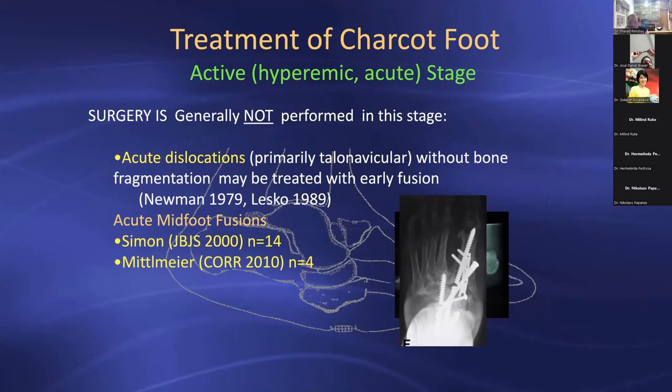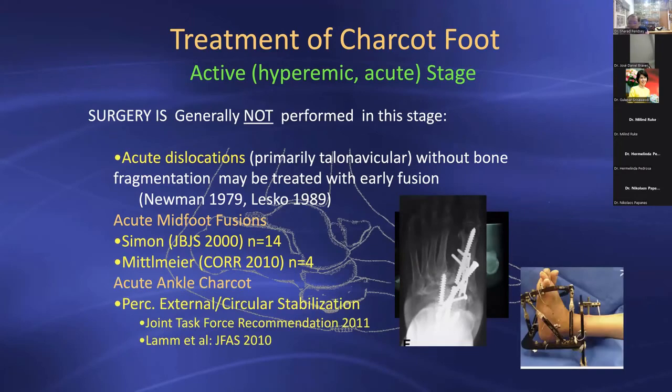So we have to keep in mind that there's not a lot of good evidence surrounding the role of acute operative stabilization. But perhaps more commonly, especially in the US, is percutaneous external or circular stabilization to help manage the deformity and stabilize it at its onset.